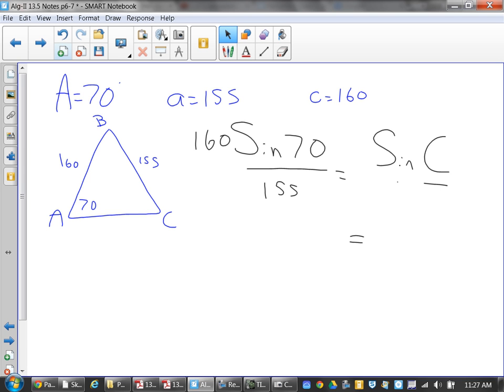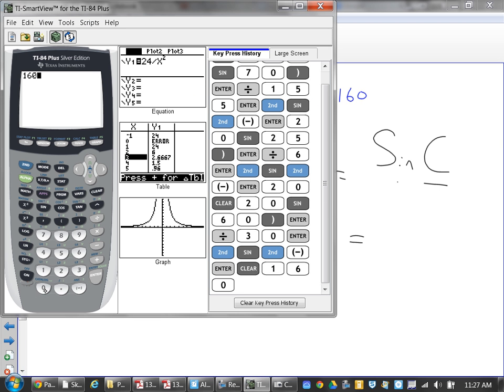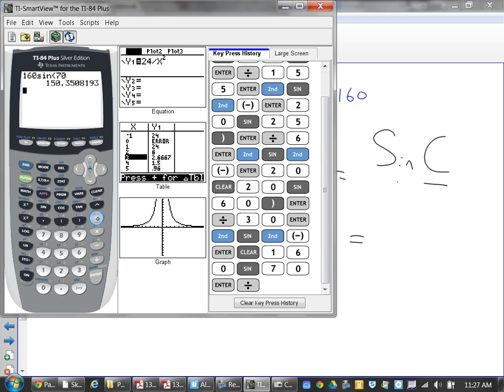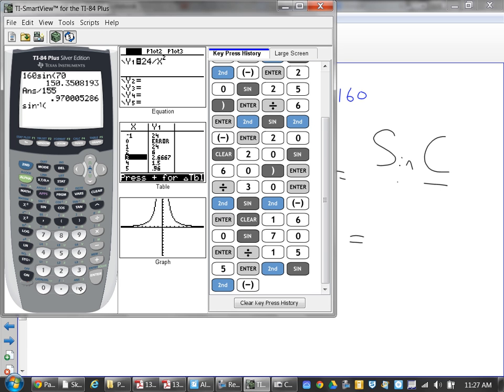I go to my calculator and type in 160 sine 70, enter, divided by 155, and hit enter. So right now, the sine of some angle equals that crummy decimal. What do we do? Inverse sine of your answer.